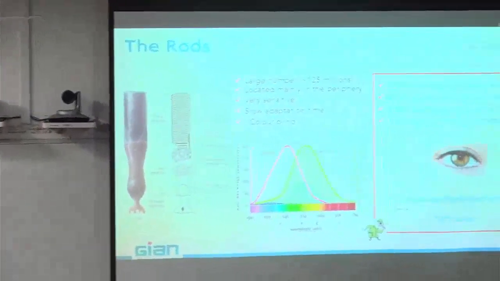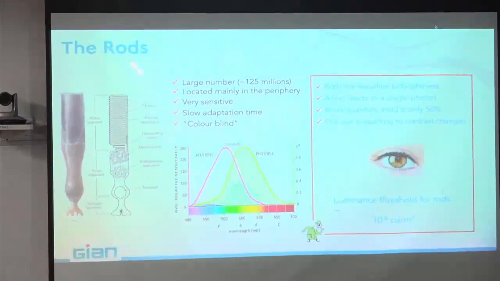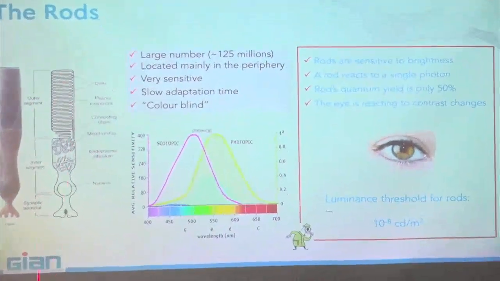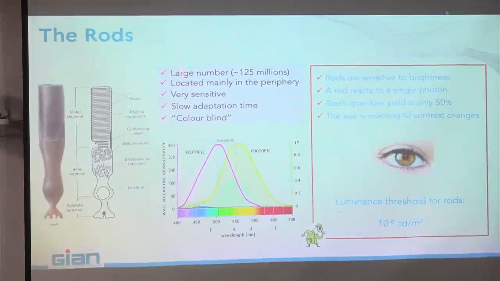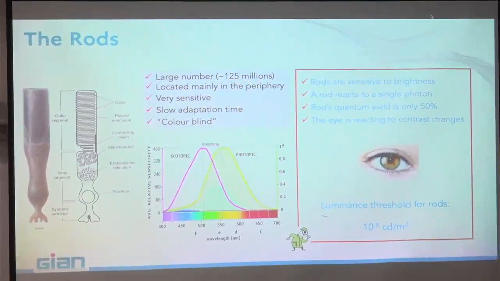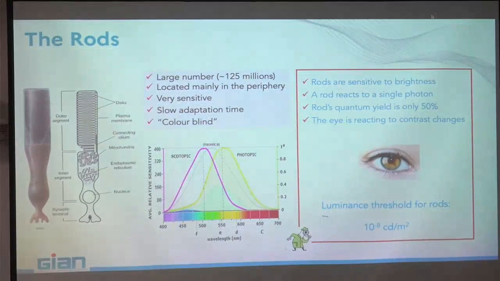Okay, let's look at the rods. There is a rod, and a cut of a rod. There is a very large number. We have around 125 million rods per eye, mainly located in the peripheral part. They are very sensitive.